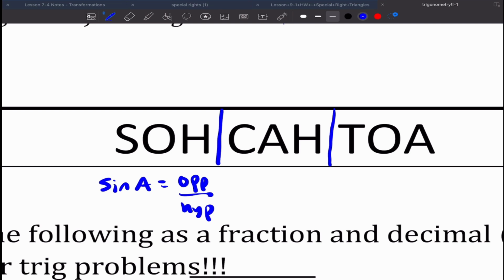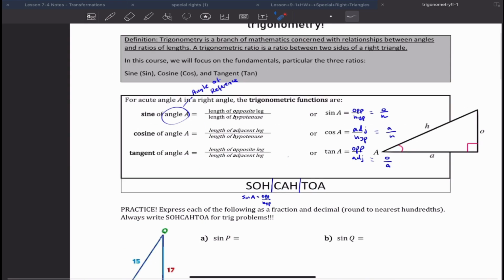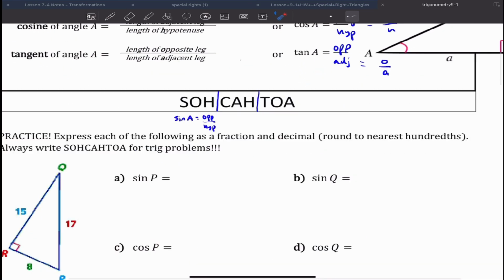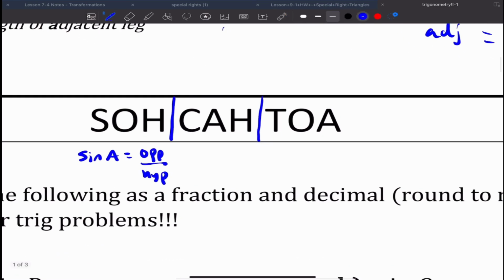So sine of A is equal to opposite over hypotenuse, and then the C, we're talking about cosine, right? And cosine of A is equal to adjacent over hypotenuse. And then lastly, the TOA, the T for tangent, that's tangent of A, is equal to opposite over adjacent.